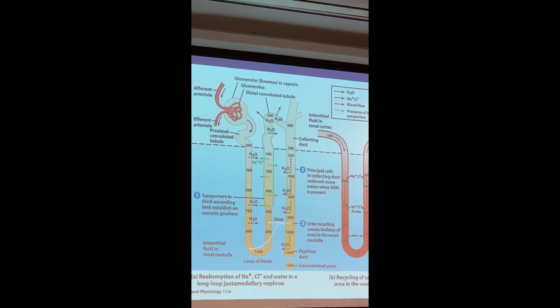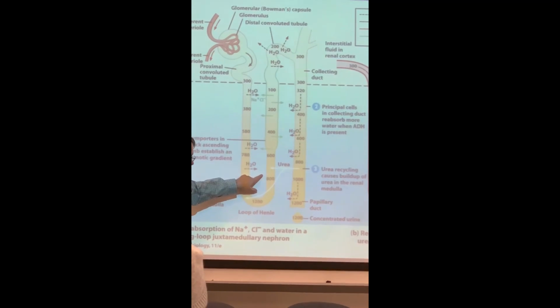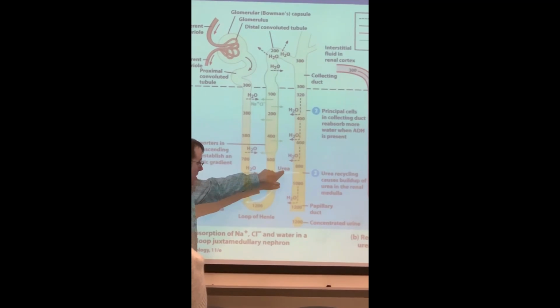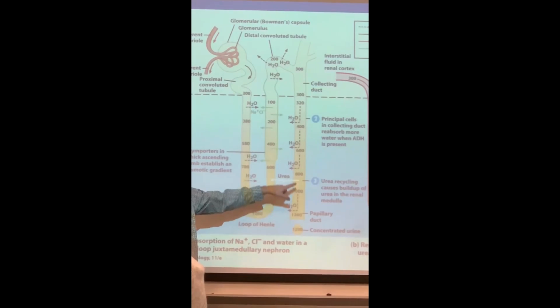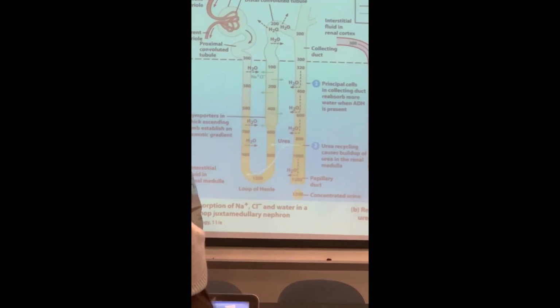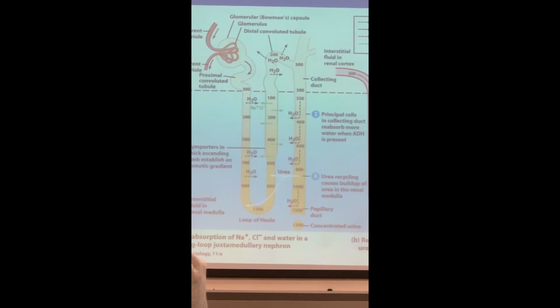milliosmoles. Now this image also tells us part of the story of how we have the osmotic gradient. The urea being reabsorbed here and secreted here tends to stay in that medulla. So we use that urea as an osmolyte to help us concentrate our fluid.